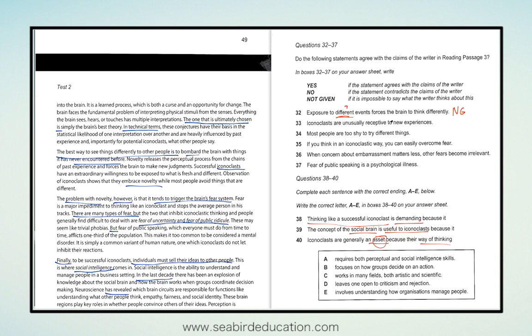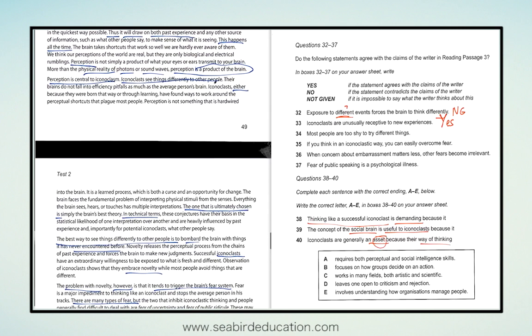Unusually receptive to new experiences, true, or yes, sorry. Most people are too shy to try different things. Most people, that's a third of people. One third of people are scared of. Where does it say that? Their brains do not fall into efficiency pitfalls.